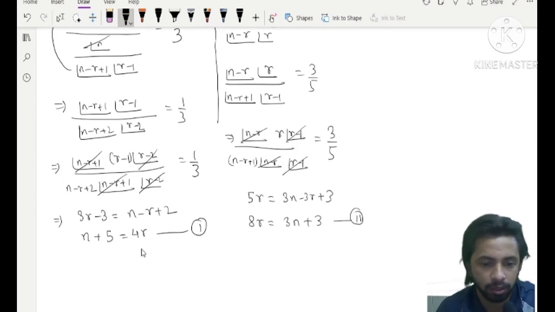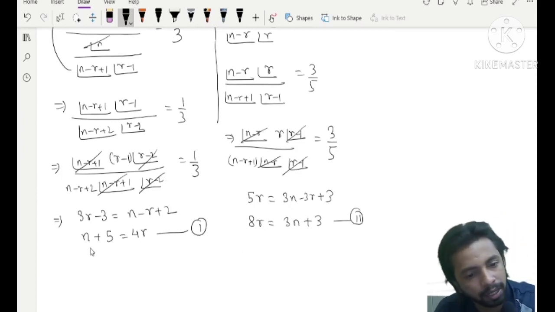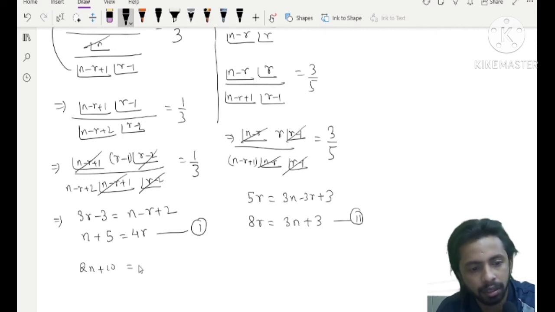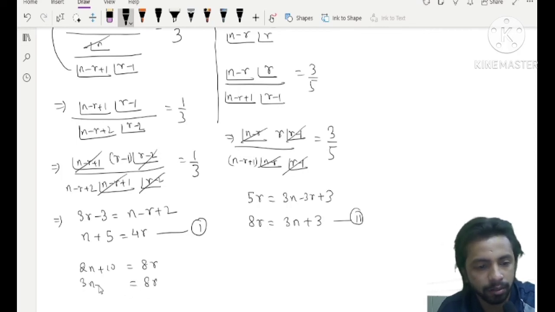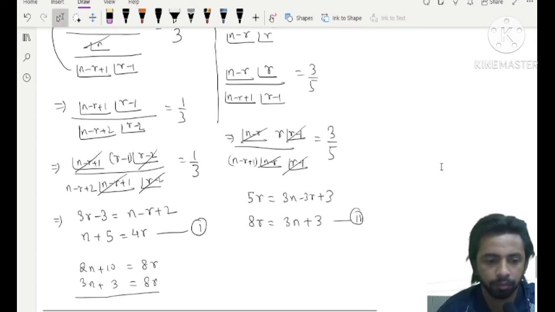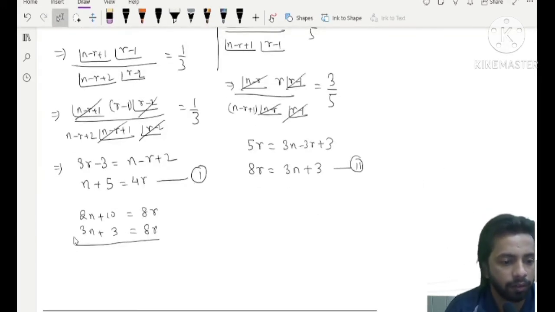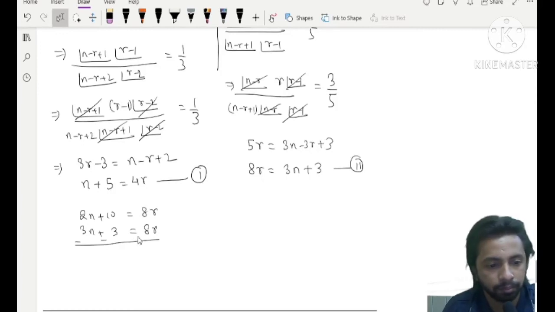So multiplying equation 1 by 2 will give me 2n plus 10 equals 8r, and in the second equation we have 8r equals 3n plus 3. Okay, so after we subtract them, 8r gets cancelled.